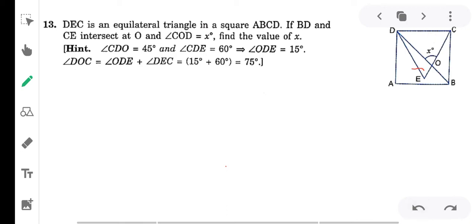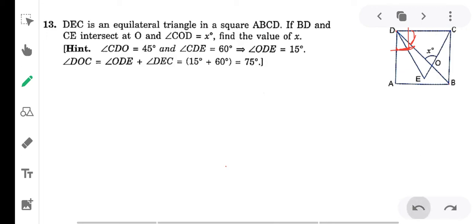If BD is the diagonal of this square, and the diagonals of a square bisect the angles, that means this angle CDB equal to angle ADB, and angle D is how much? 90.